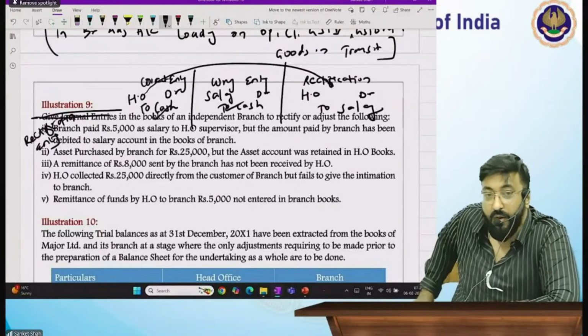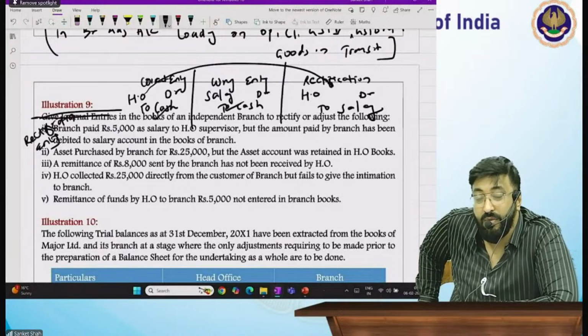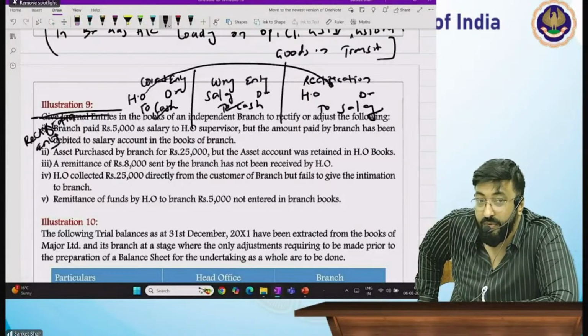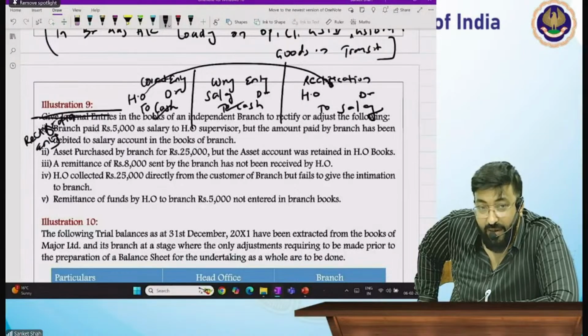Understood how to explain? Yes, sir. So what is the correct entry? Correct entry is head office account debit to cash account, and wrong entry is salary account debit to cash. So we have to post it on the opposite side. First we will identify what is same: cash, same cash account.